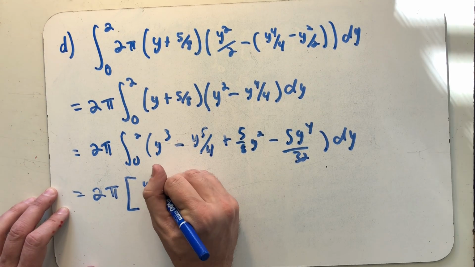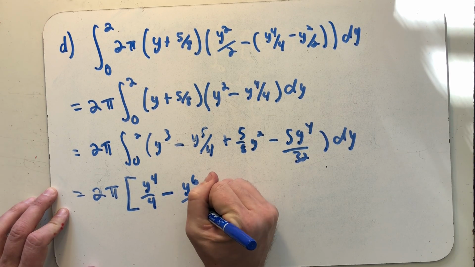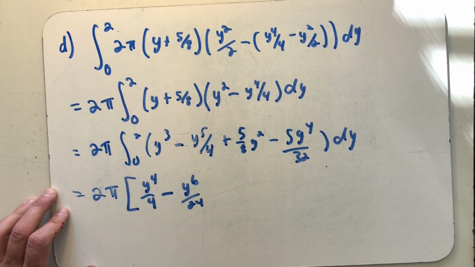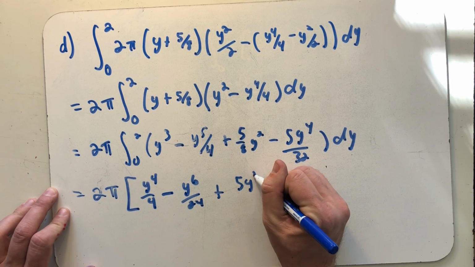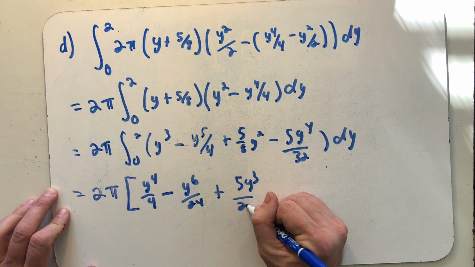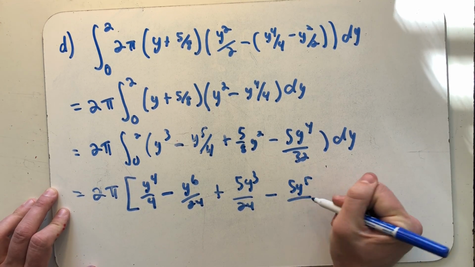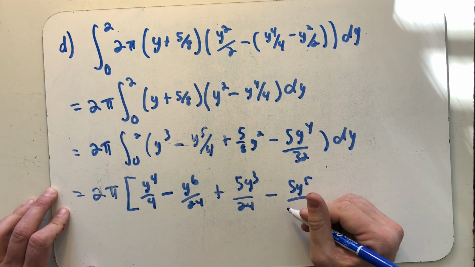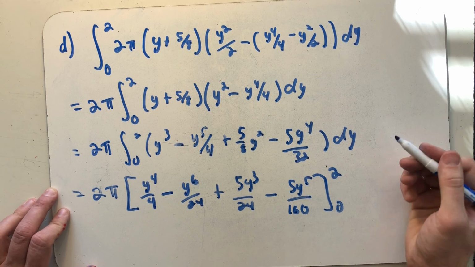Let's see, a y to the 4th over 4 minus y to the 6th over 24. I see how similar this problem really is to the last one, plus 5y cubed over 24. And let's see, minus 5y to the 5th over 32 times 5 is 160. Evaluated from 0 to 2.